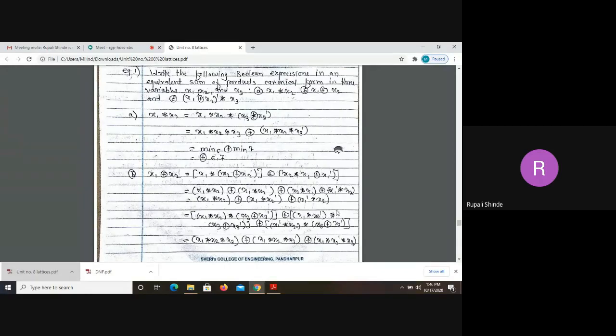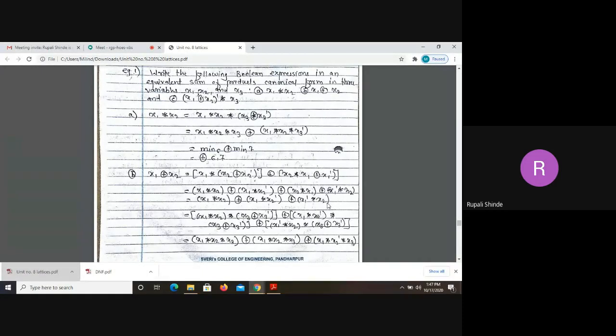Now check here whether there is any repeating term. Yes, the repeating term is x1 star x2. That is here, and that is here also. That's why we are going to consider this term only once, x1 star x2, XOR x1 star x2 complement, and third one x1 complement star x2.